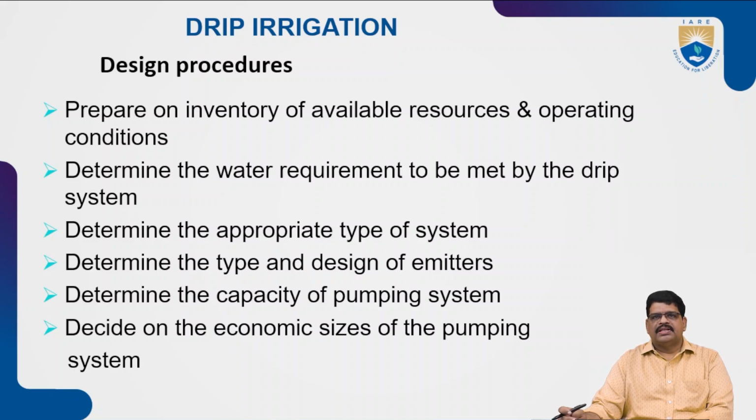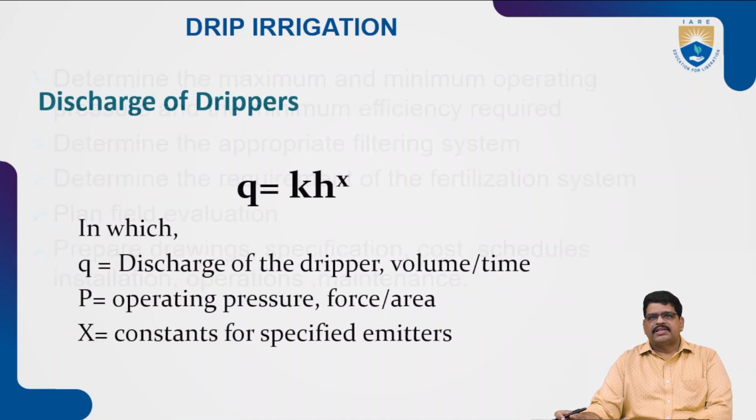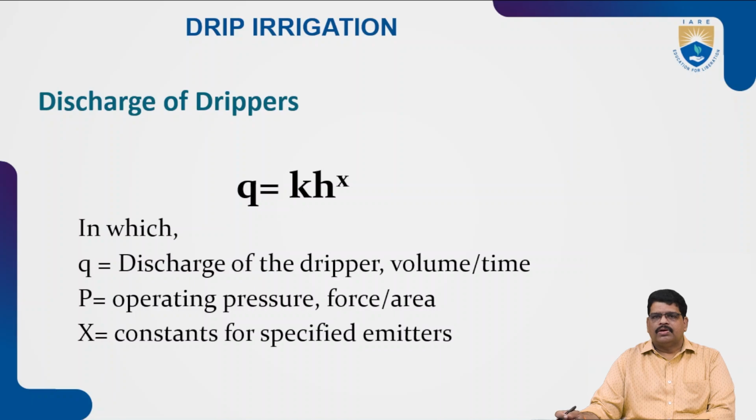Some design procedures are followed while laying the drip irrigation system. Next, discharge from emitters. How much water can be discharged? As in the previous slides, how much water can be discharged by the nozzles.